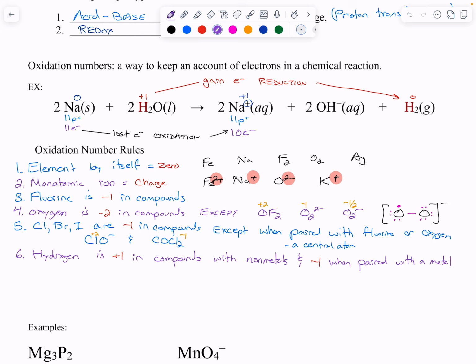Okay? So hydrogen's +1 most of the time. However, if it's paired with a metal, like sodium hydride, potassium hydride, the hydrogen is going to be -1.